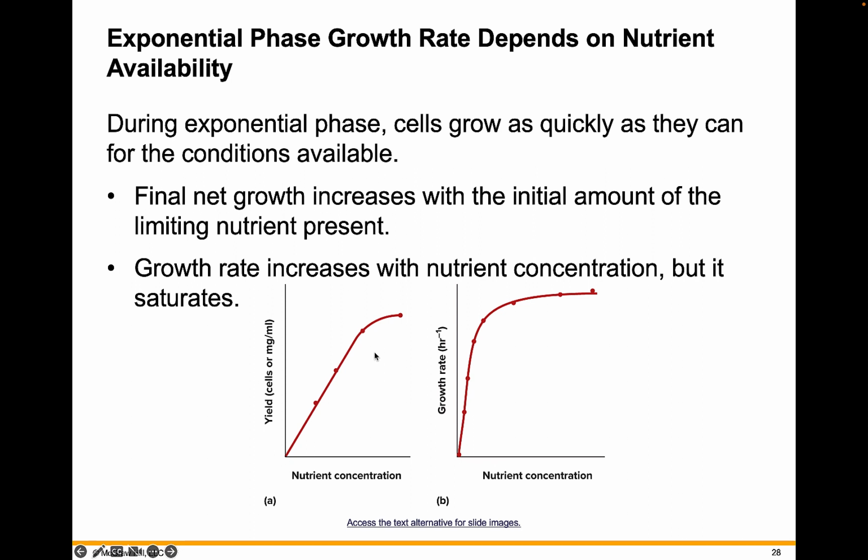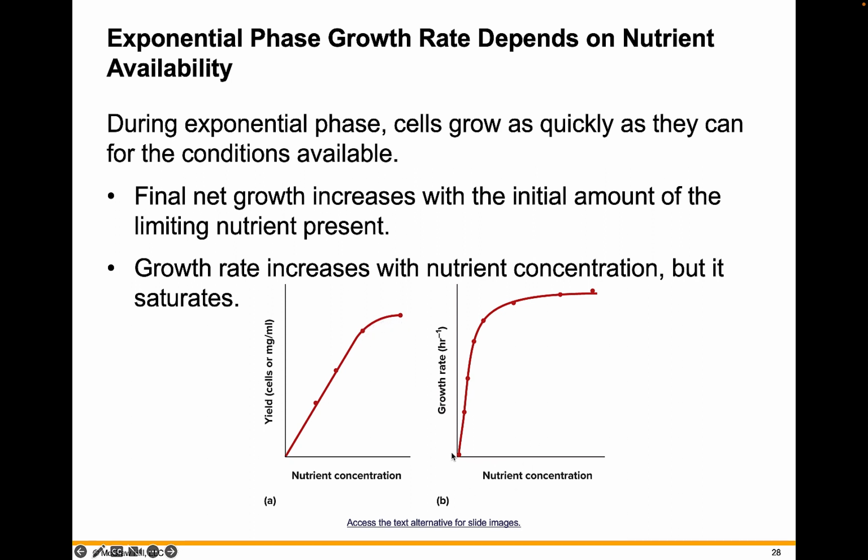So here you can see that when a cell goes into this exponential or log phase of growth, as you increase the nutrient concentration, the yield of cells per milligram per ml increases, but essentially it will saturate. That means the yield of cells will saturate.